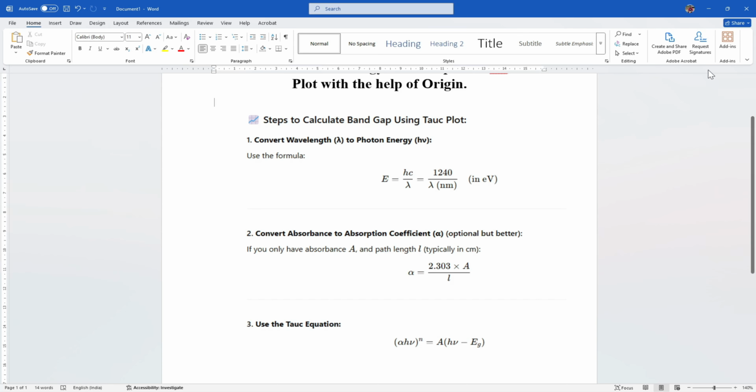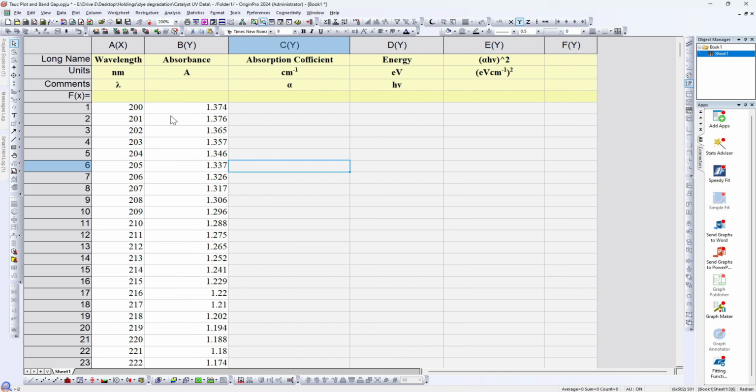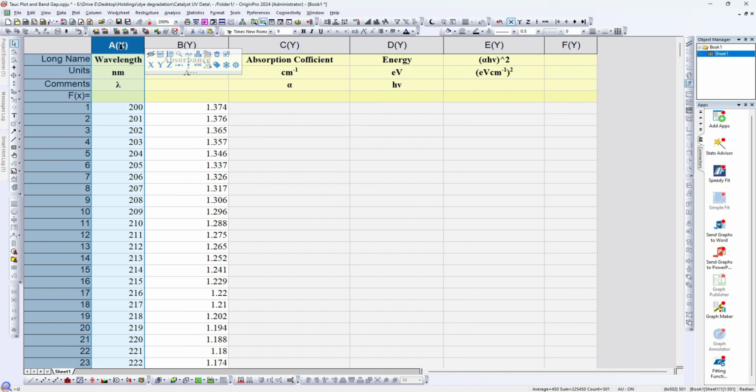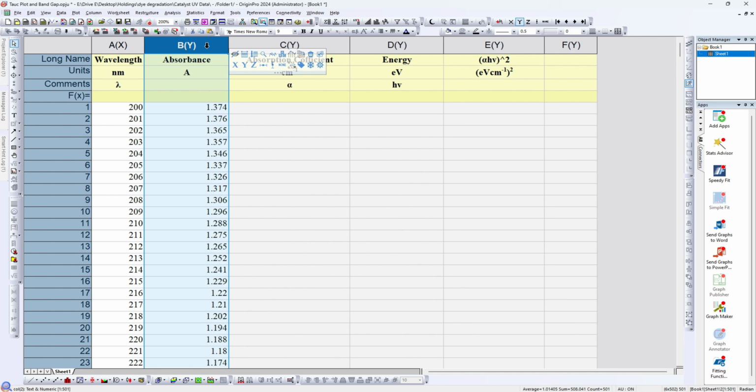Now here we have the UV absorption data. In column A is the wavelength, and in column B is the absorbance. First we have to calculate the absorption coefficient, whose unit is centimeter inverse and which is represented by alpha.